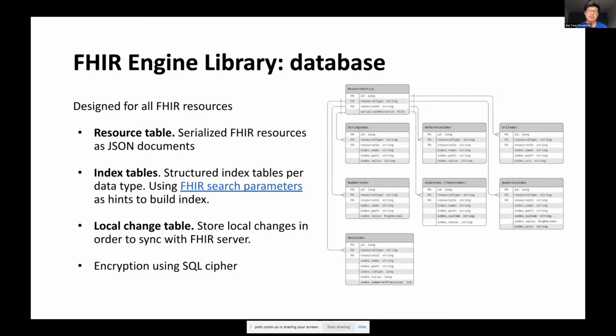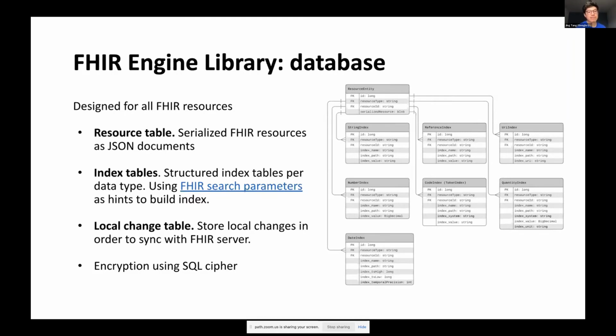So when you make that search query, what the FHIR Engine Library does is look at the search table, figure out which patients have the names you're searching for, and then go to the resource table via a join to retrieve the actual JSON documents, which will be returned as a result of the query. So that's the purpose of the index tables.